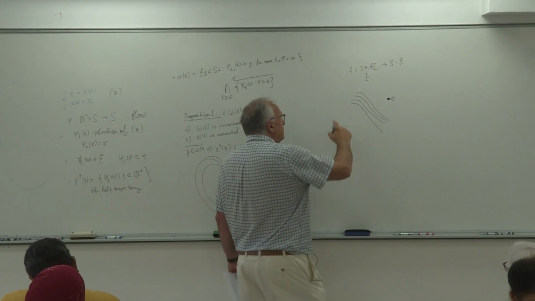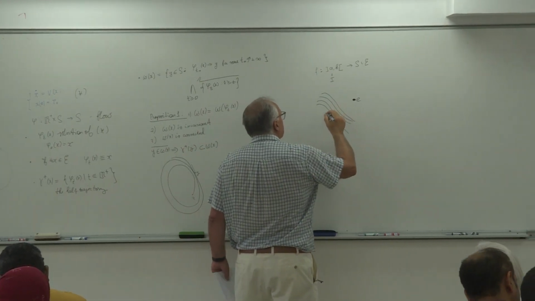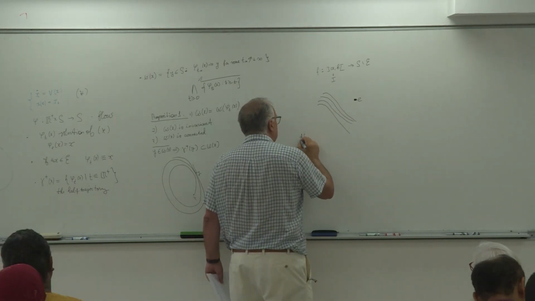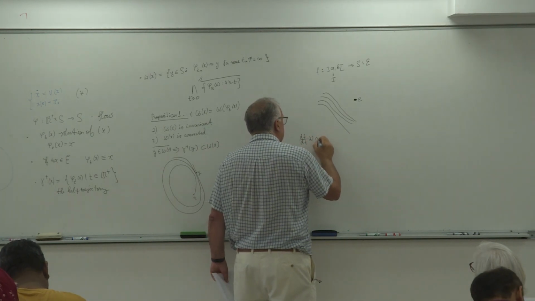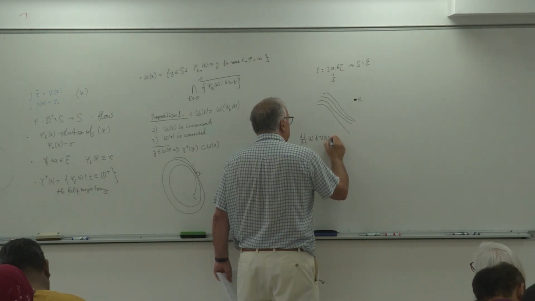And let this map be such that the derivative d/dt at every point is transverse to the vector field at this point.